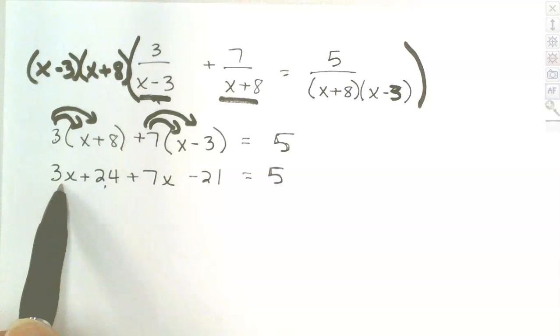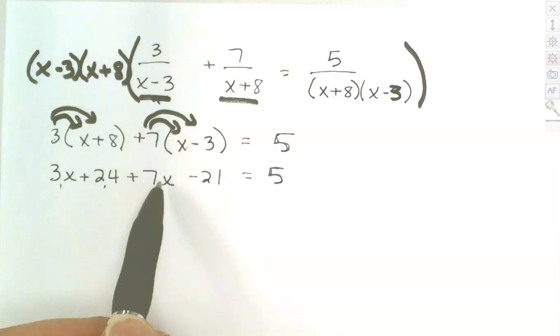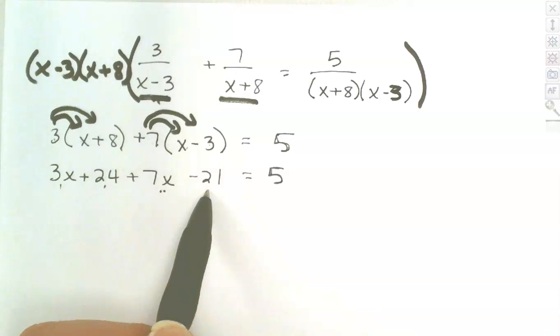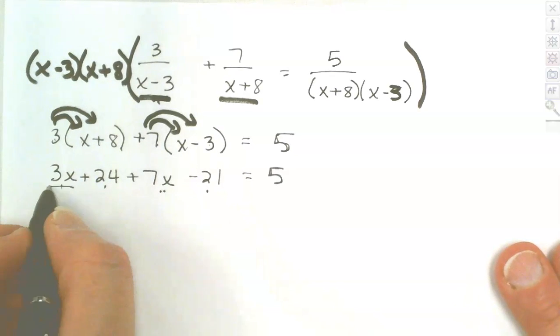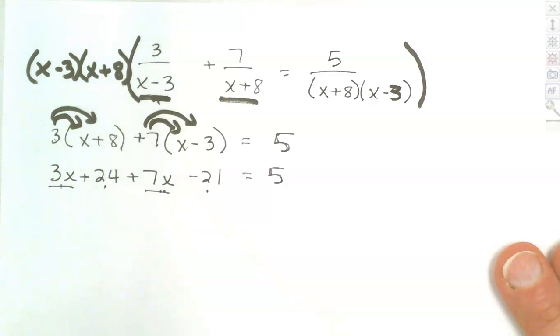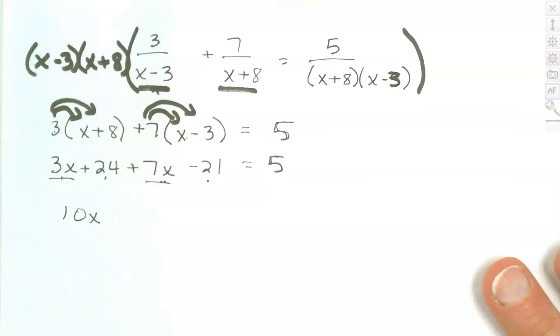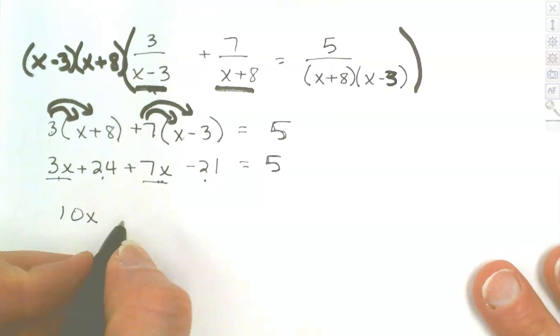The 3x is there. 7 times x is 7x. And 7 times a negative 3 is a negative 21. So let's go ahead and combine 3x and 7x. It makes it 10x. And then we've got a 24 and a minus 21.